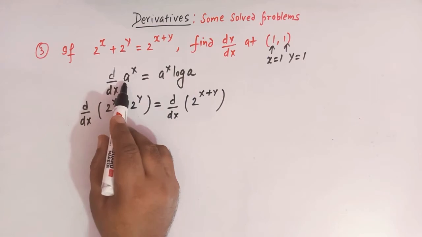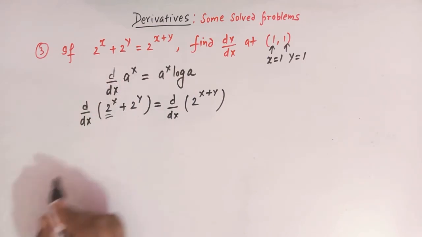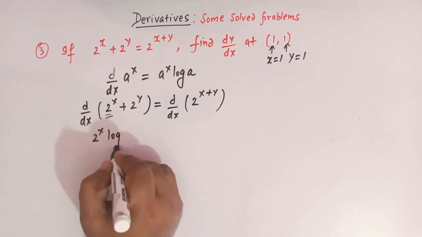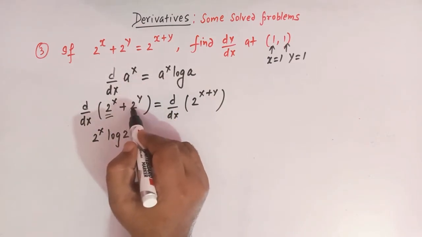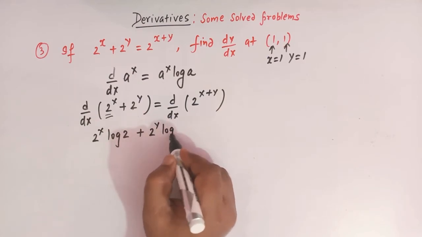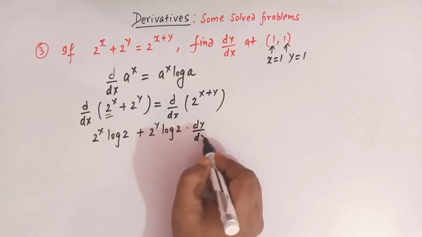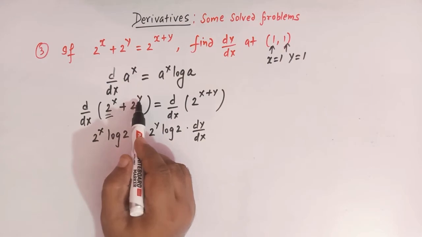Now let us apply this rule to this one, because d by dx of 2 raised to x is 2 raised to x, and then we have a log of 2. And again applying this rule to this one, we have 2 raised to y log of 2, and by chain rule we'll have dy over dx over here, because y is a function of x.